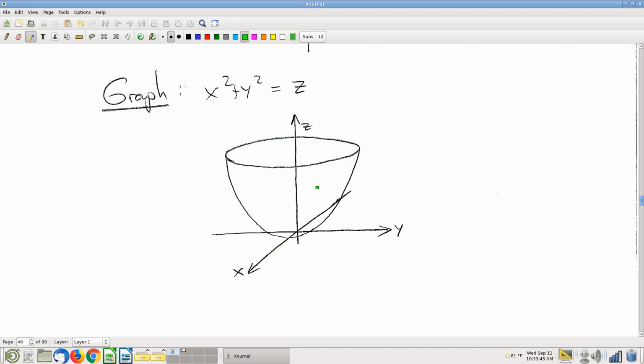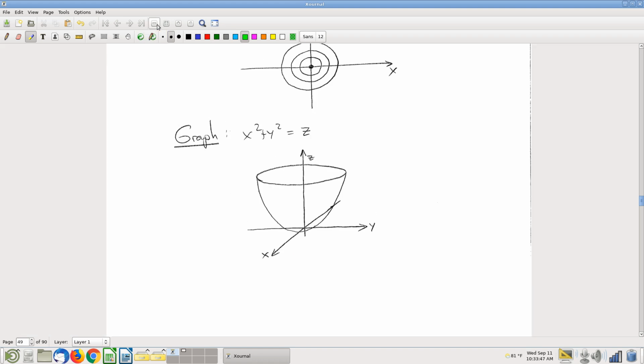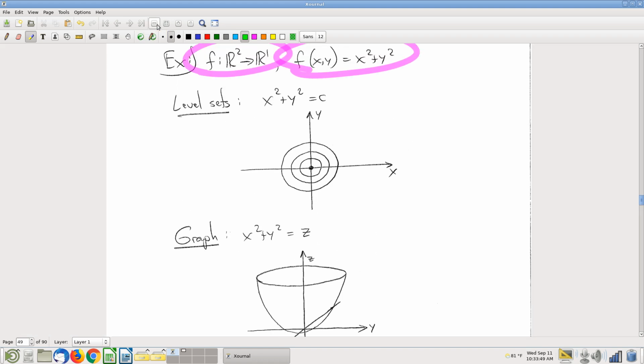So let's look at these two different pictures we've got. These are two different pictures talking about the same function. It's still f of x, y equals x squared plus y squared.